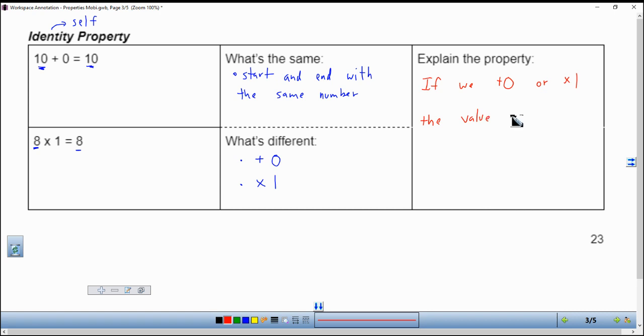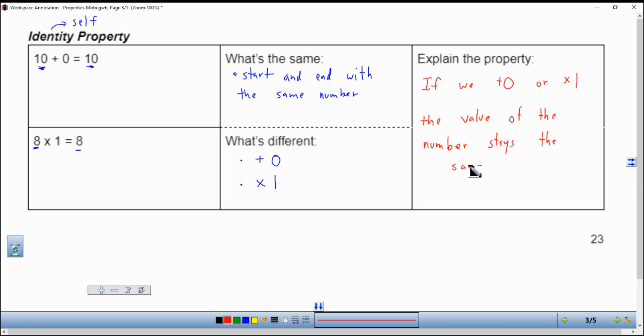That's what we'll say. That's why multiplying or adding 0 or multiplying by 1 are so easy, because you just get the same number back. The value of the number stays the same.